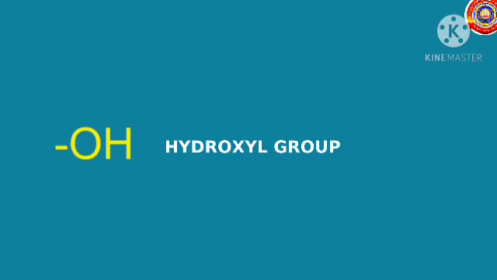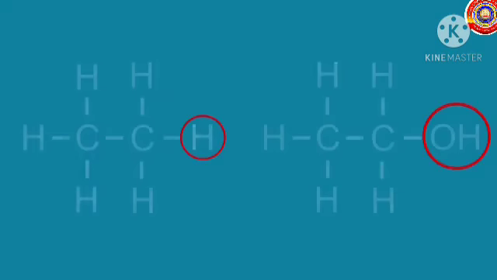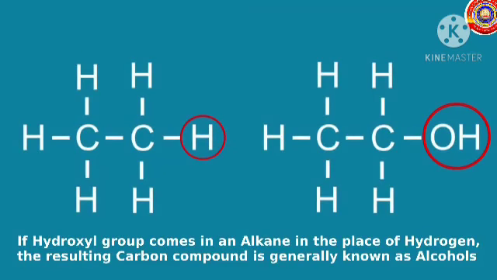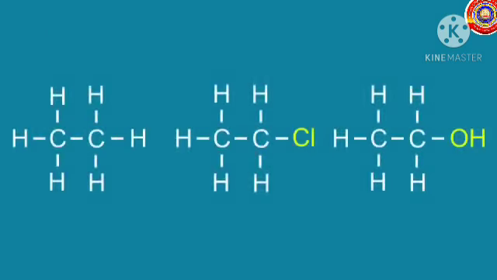If a hydroxyl group comes in an alkane instead of a hydrogen atom, then the resulting compounds are generally known as alcohols. Here also, the physical and chemical properties of the newly formed compound will be entirely different from that of ethane. So from these examples, what do you understand?